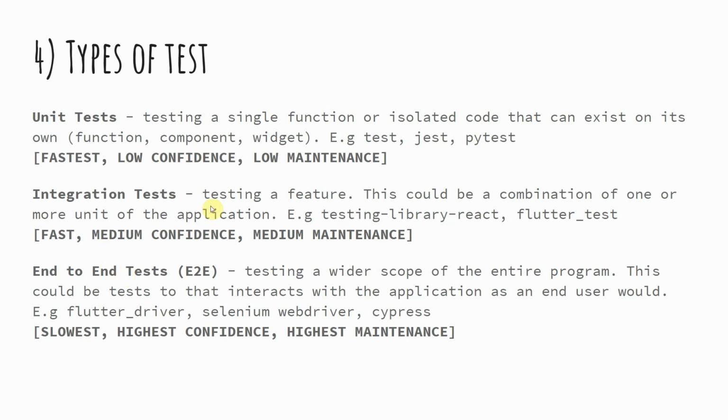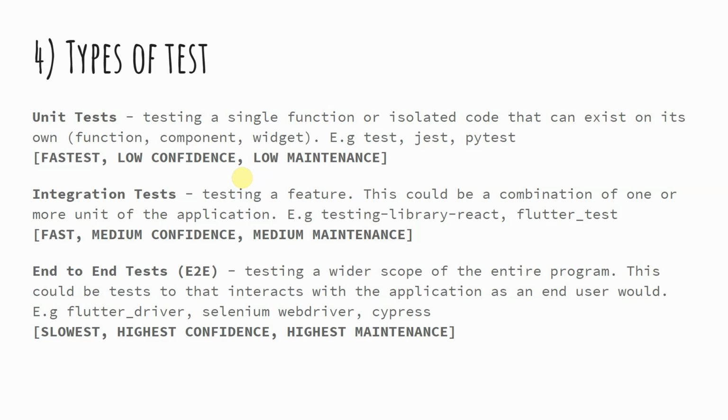So for instance, you could test a function that converts a word from lowercase to uppercase. For that single function you just wrote, you can write a test on its own.